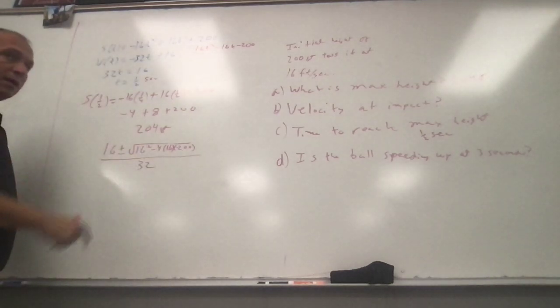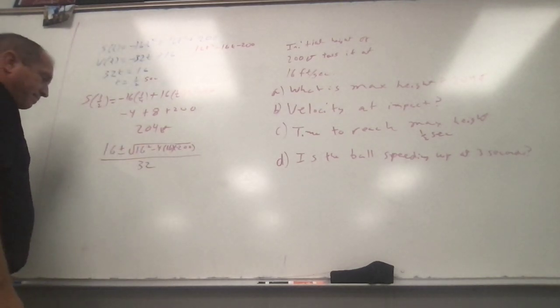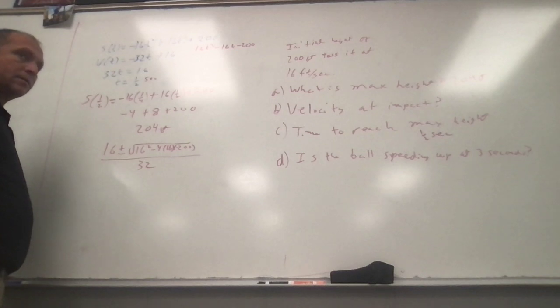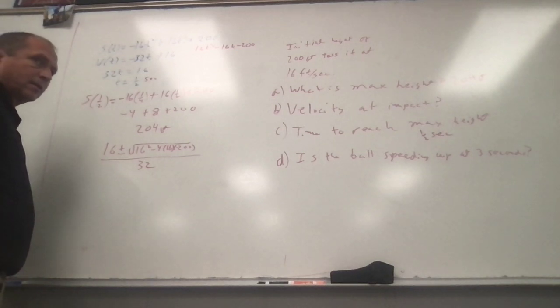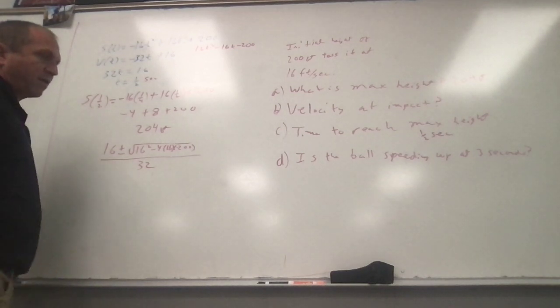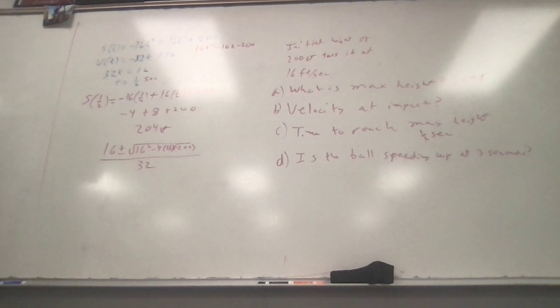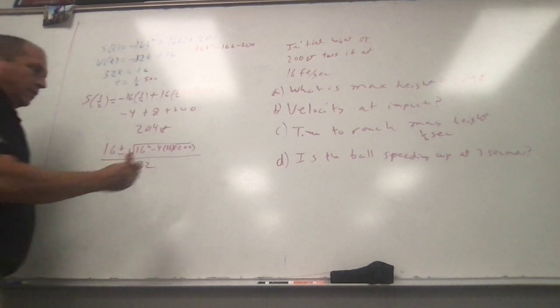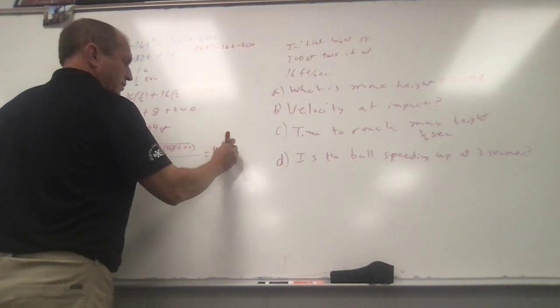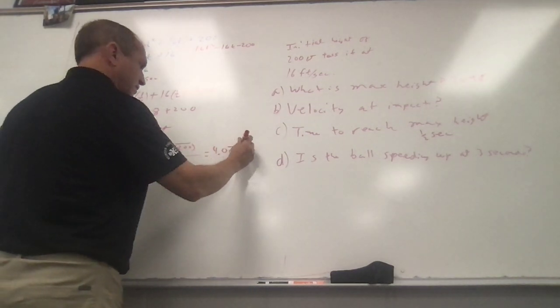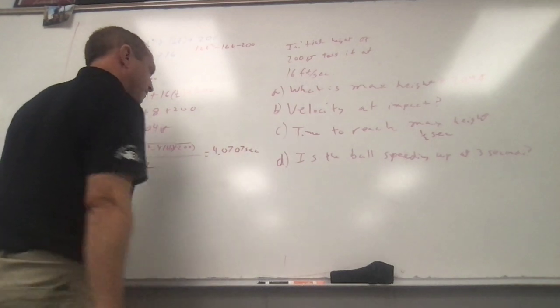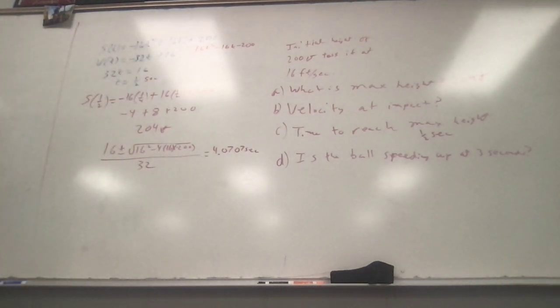Okay, so the square root of that, 114.262. All right, add 16 to that and then divide it by 32. 4.0707 seconds. Okay. So that's the time that it takes for it to reach the ground.